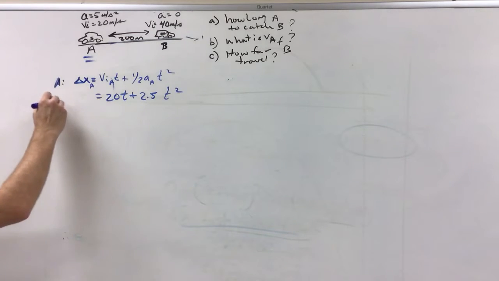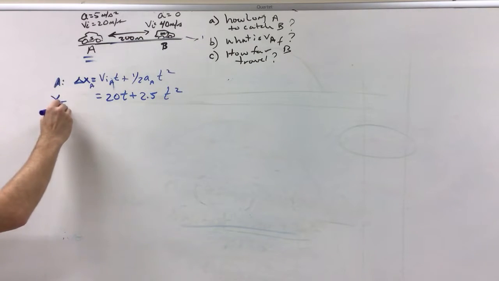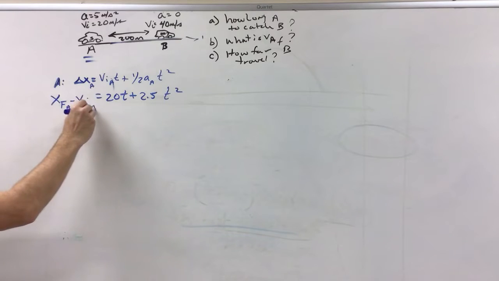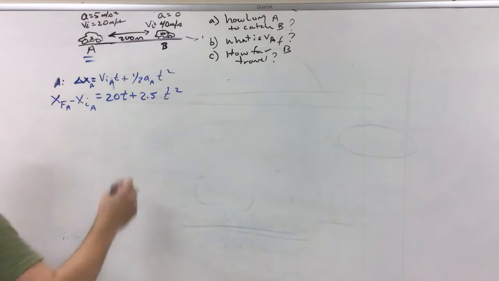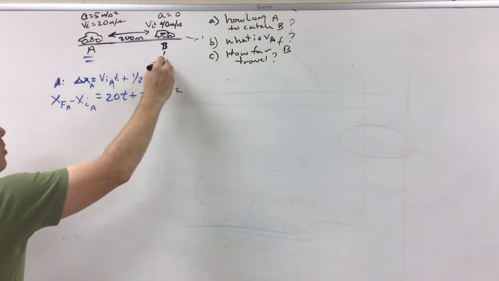Now the decision we have to make is the delta x. Remember, that's going to be a difference in positions. X final of A minus x initial of A. I'm going to say that car B starts at position 0 meters.